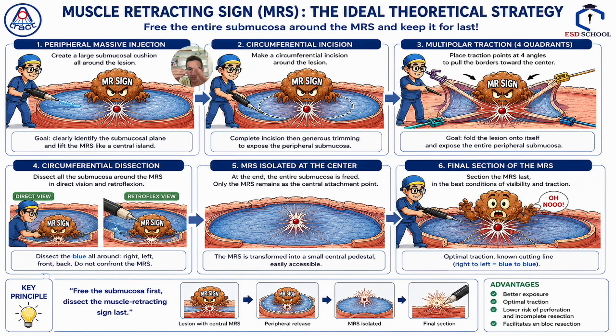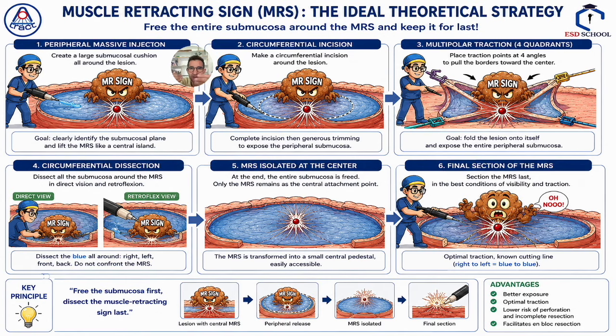So we should be R0 at this central part of the lesion, and by doing the multipolar traction, letting only the muscle retracting sign at the end, we will probably have a small muscular damage or complete perforation, but sometimes it's thicker on the muscle retracting sign. The muscle is more thick at this area than in the other part of the colon.